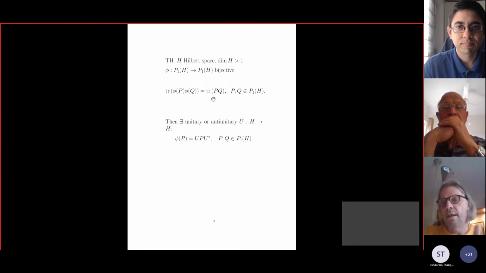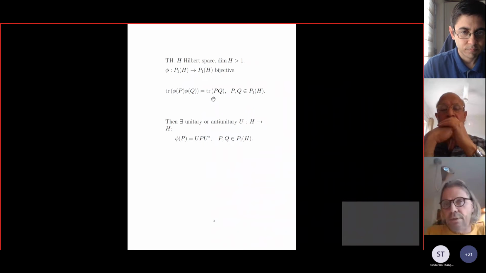This is trace PQ. It depends on the norm of P minus Q, or if you prefer to think geometrically, it depends on the angle between the images. The images are one-dimensional subspaces, and you can define in a natural way the angle between them.